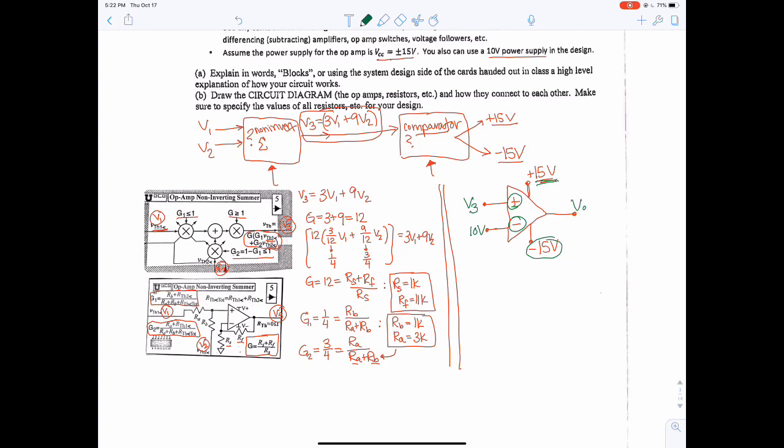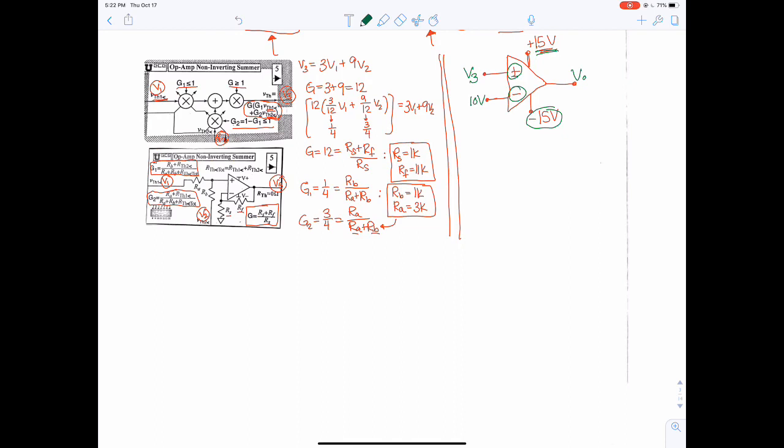So now I'm going to copy the circuit card, and we're going to redraw that circuit. And this one was where V2 was coming in, and this one was where V1 was coming in. RA was 3K, so this value will be 3K.